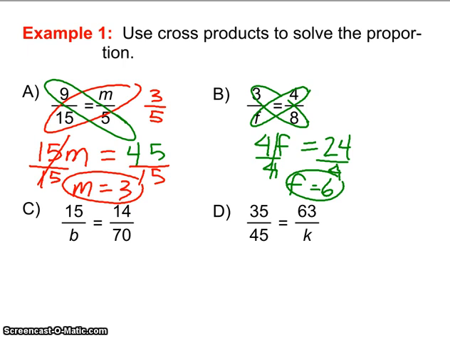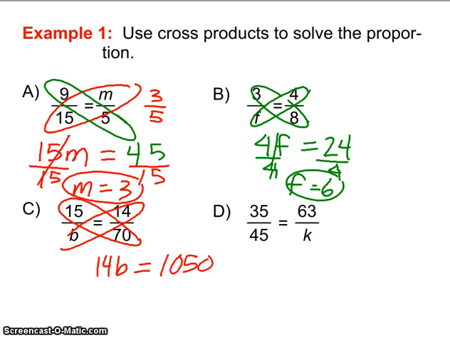C, we have b times 14, which is 14b, and this is equal to the other cross product of 15 times 7. So grab your calculators. 15 times 7 is 1050. Okay. Now again, we want to solve for b. b is being multiplied by 14, so you need to divide.